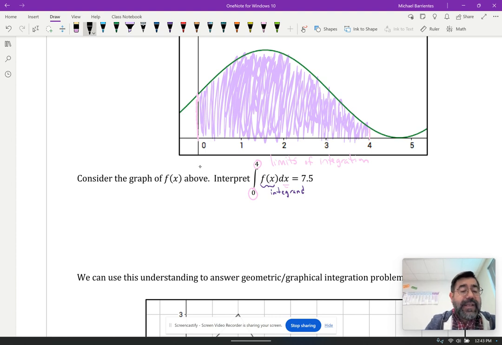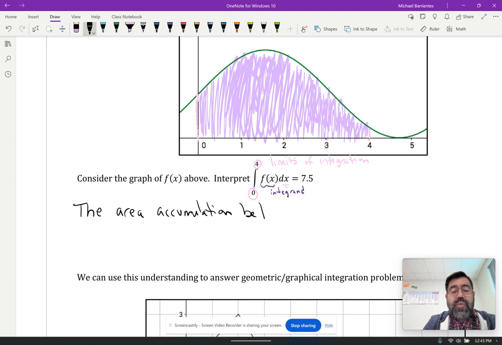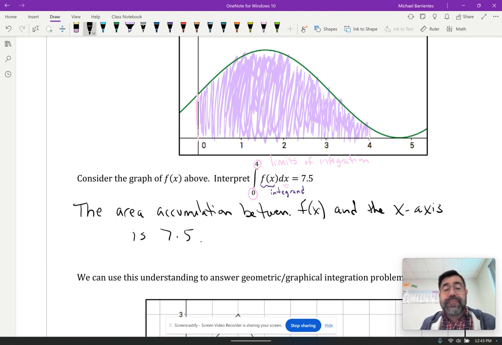What this is saying is the area, or accumulation, between f of x and the x-axis is 7.5. That's what that means.